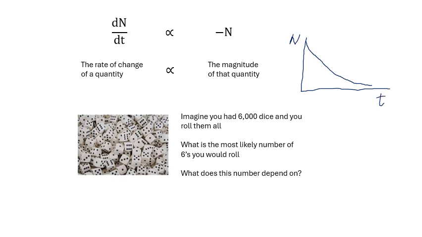And the number of dice that you take away every throw, and we could call that dN/dt, would also go down exponentially. Yeah, the rate of change of N is proportional to N, and the minus sign is because it's a decay, because delta N is negative.